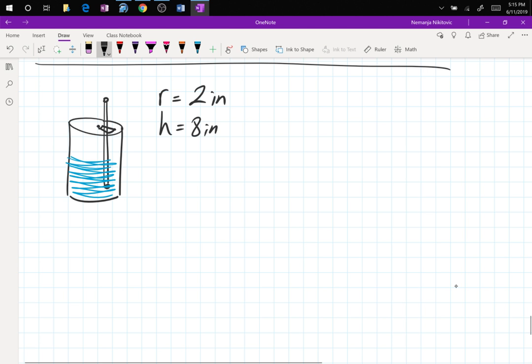And you want to see what is dh dt, the change in height of the liquid if you are drinking, which is dV dt, right? Change in volume. As you drink, you are reducing the volume. So dV dt is going to be some kind of negative number, obviously, because you are subtracting the liquid from it.